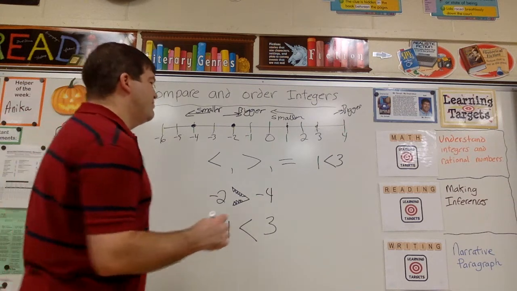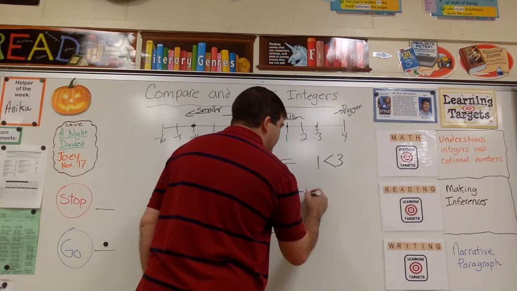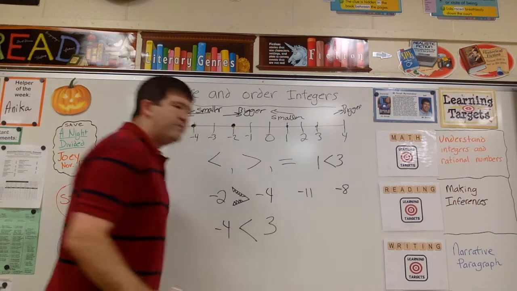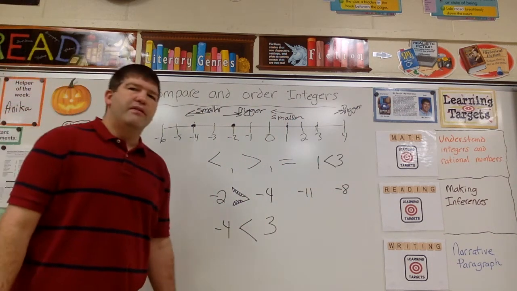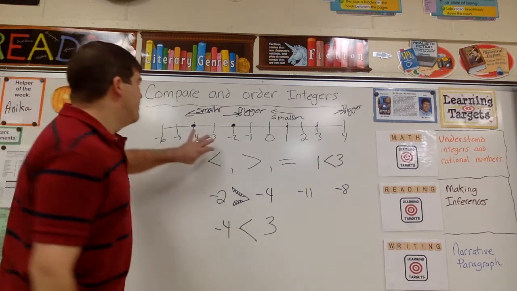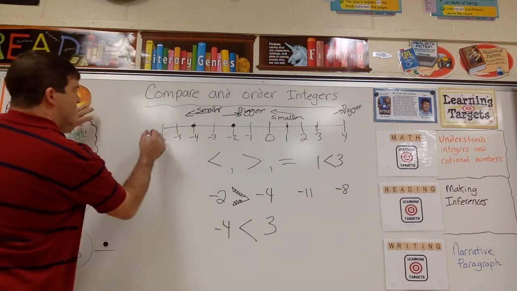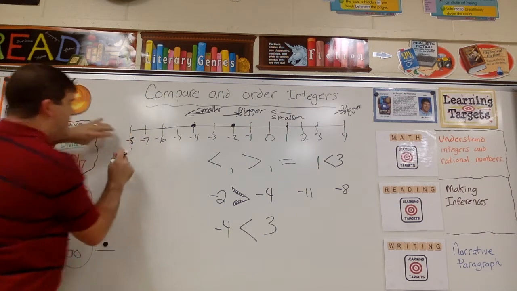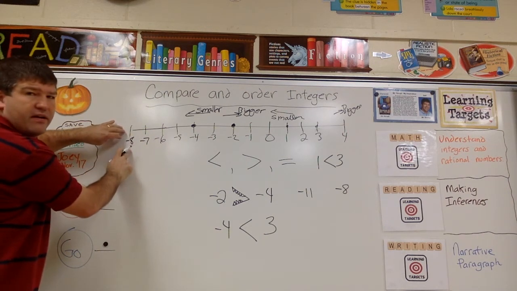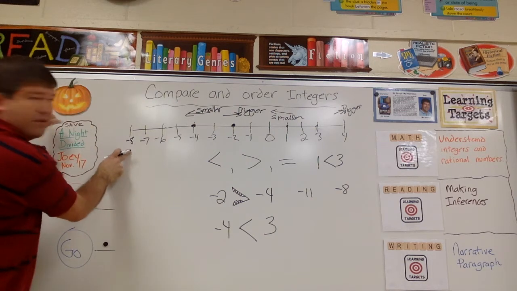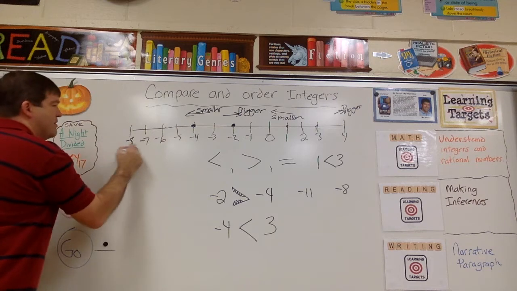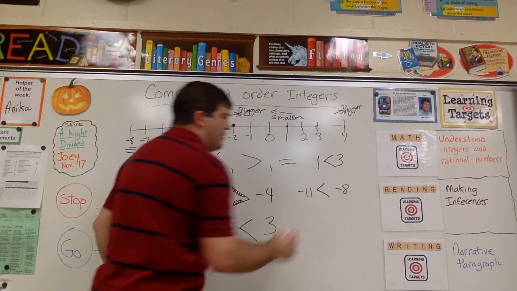So when you have two negatives, you have to really think. -11 is what to -8? Now, -11 is going this way, so -7, -8. I have -8 here. I know -11 is farther this way, so it's going to be going the smaller way. So -8 is bigger.